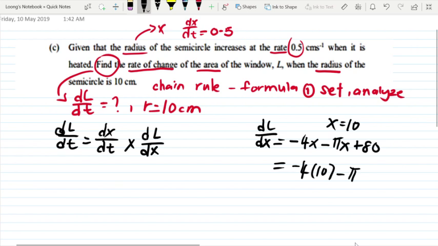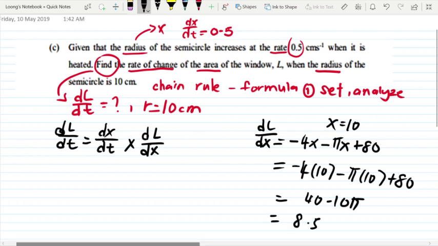and what we will eventually get is a value of 8.584. So dx over dt is 0.5.